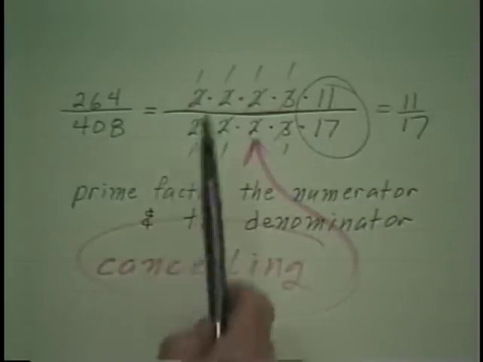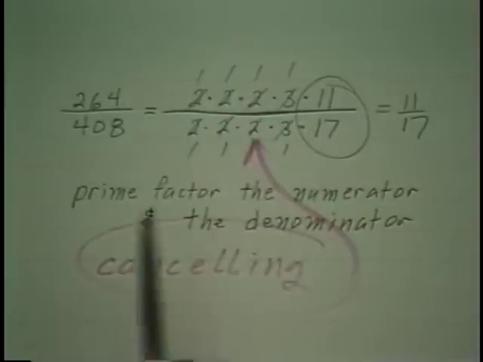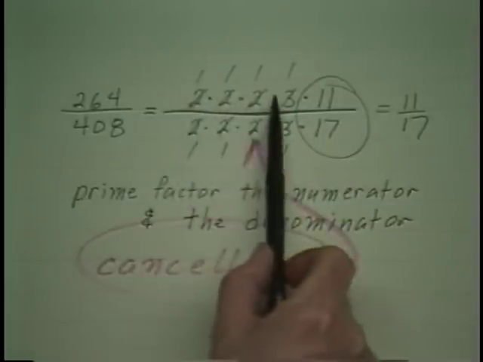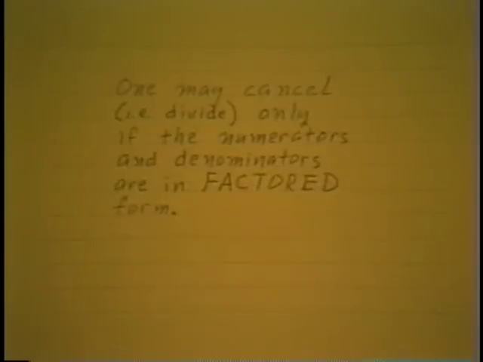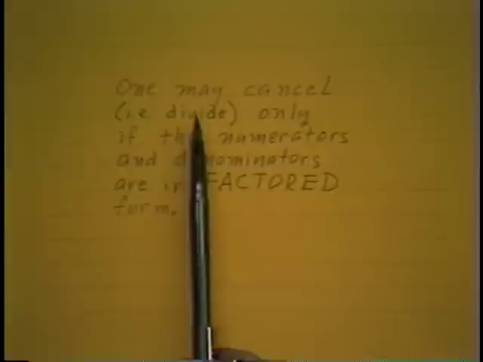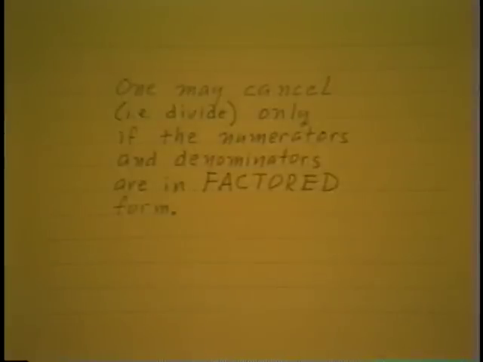It's important to note, if you go through this process of canceling, that you can only cancel when tops and bottoms are in factored form. Let's make a formal note of that. One may cancel, that is divide, only if the numerators and denominators are in factored form.